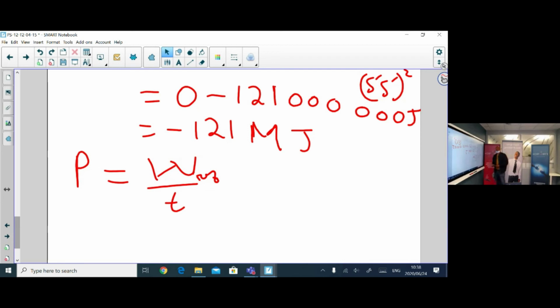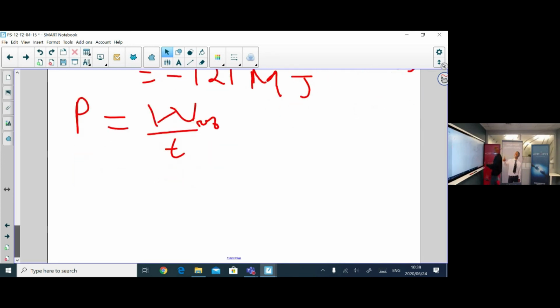We know that the average power is equal to the work done during a period of time. Let us carry on. We have whatever we got, which is negative. The negative there indicates that the work is done under the influence of friction.